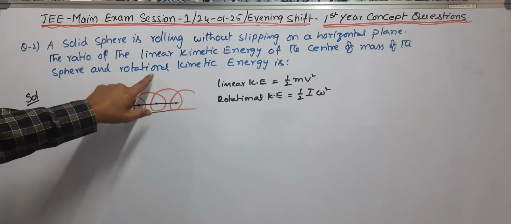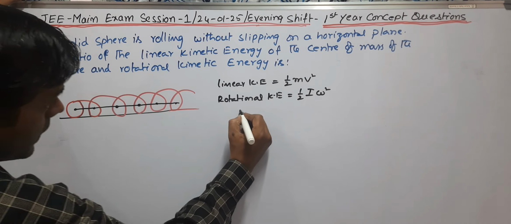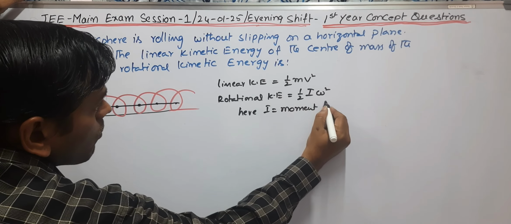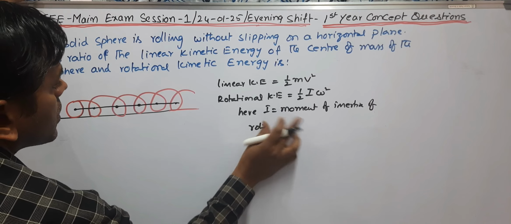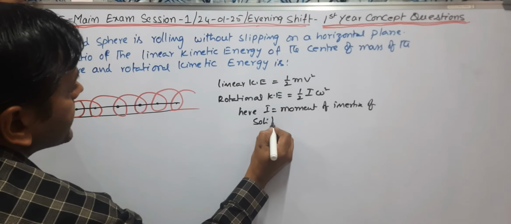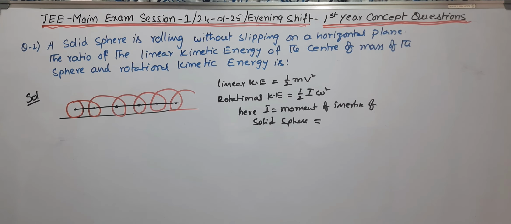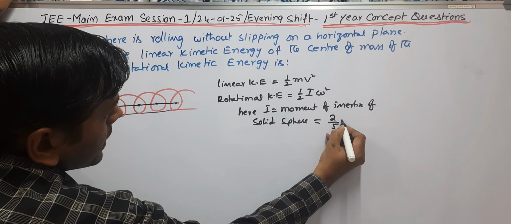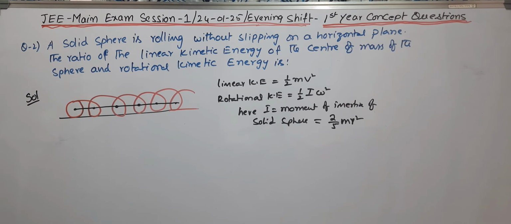But in case of a solid sphere, I is the moment of inertia of the solid sphere, which is equal to 2 by 5 m r square.